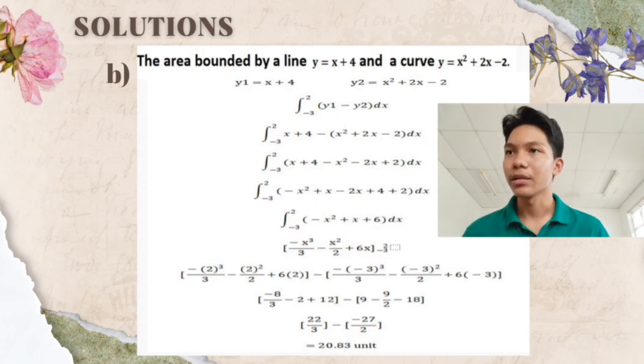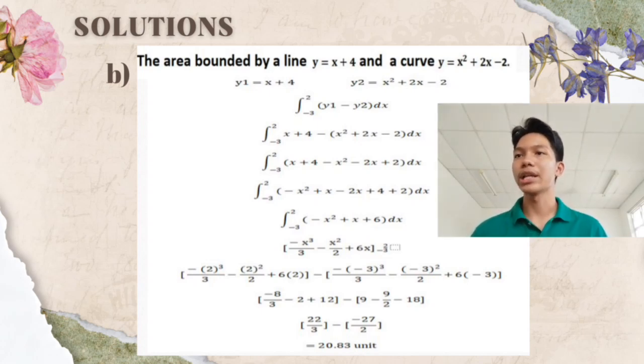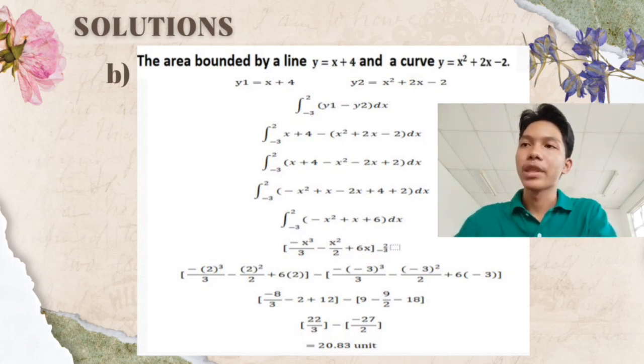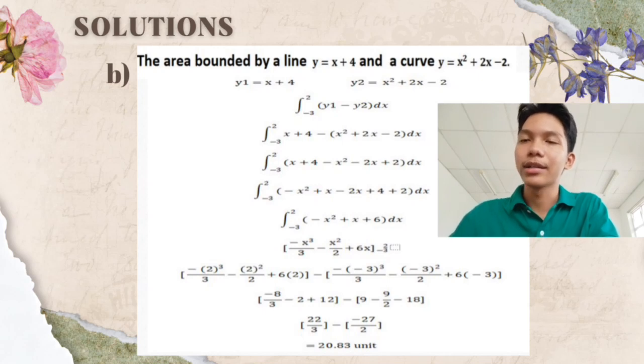And we can enter the 2 and negative 3 in the question, and we can get bracket negative bracket 2 to the power of 3 per 3 minus bracket 2 to the power of 2 per 2 plus 6 bracket 2, and minus bracket negative bracket negative 3 to the power of 3 per 3 minus negative 3 to the power of 2 per 2 plus 6 bracket negative 3, and we can get 20.83 unit squared.